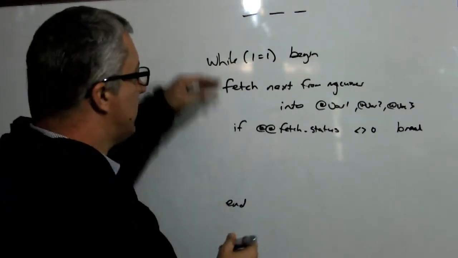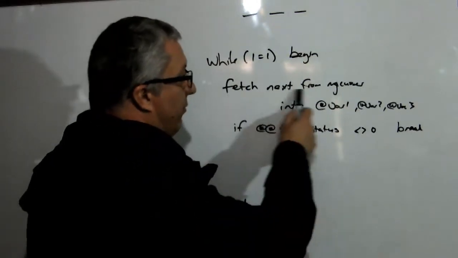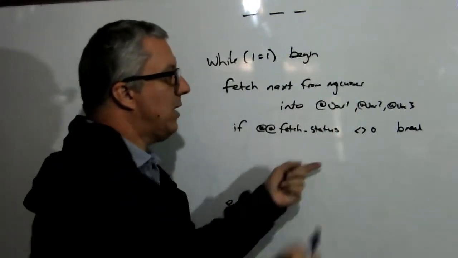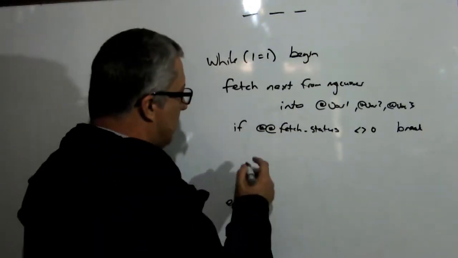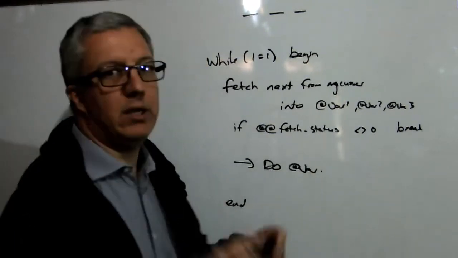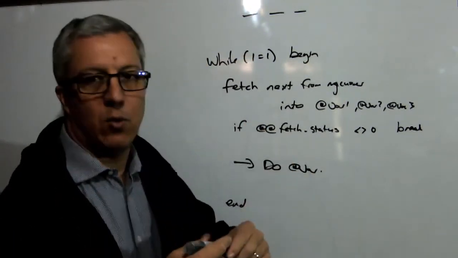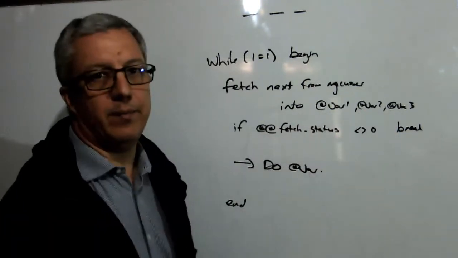So my while is always running, I'm going to fetch the next one until the next one isn't there anymore, and then I'm going to break out of it. At this point here, I do whatever I want to with my variables. Insert, update, change, whatever I need to do with it over here, because I've got it line by line.